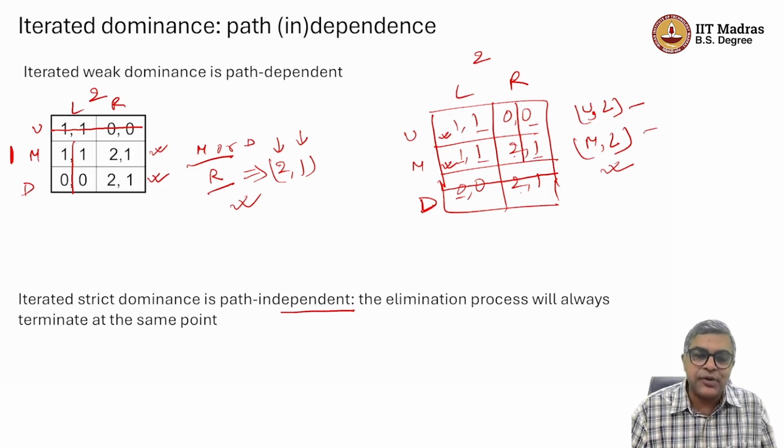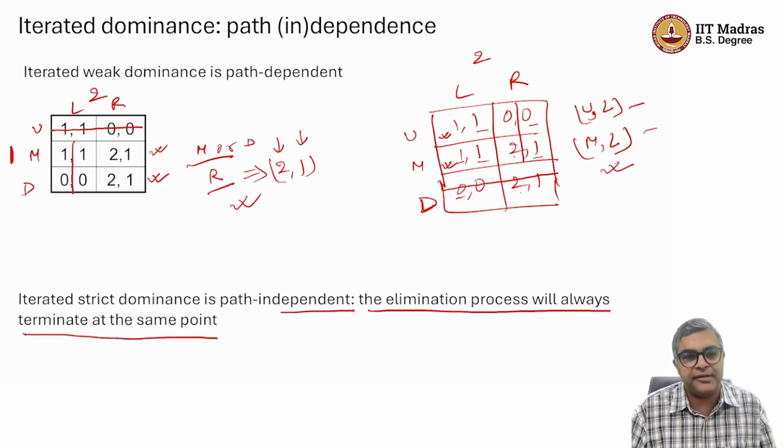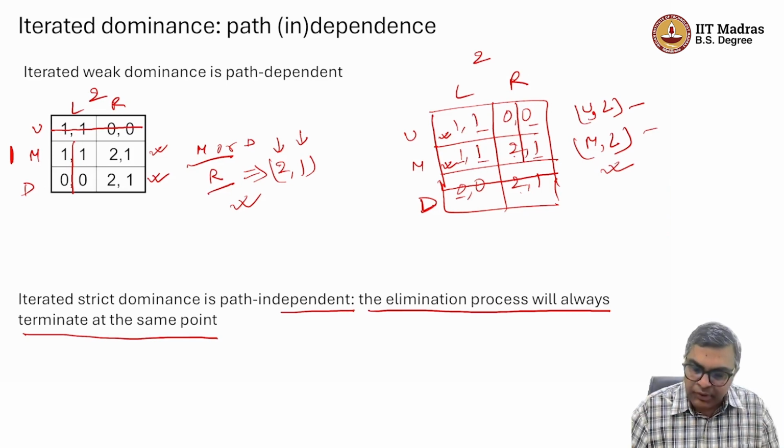In case of elimination of strictly dominated strategy, the elimination process will always terminate at the same point, whether with one action each for all the players or many more actions for all the players. As long as you are eliminating only strictly dominated strategy, it will always lead to the same situation. That is not the case with elimination of weakly dominated strategy. That's why we have to be careful.